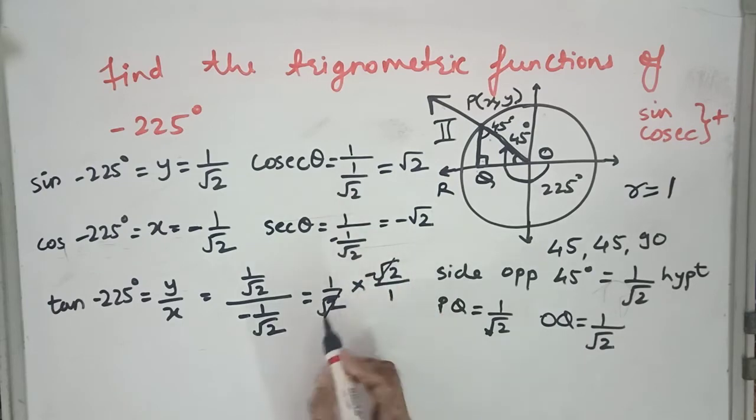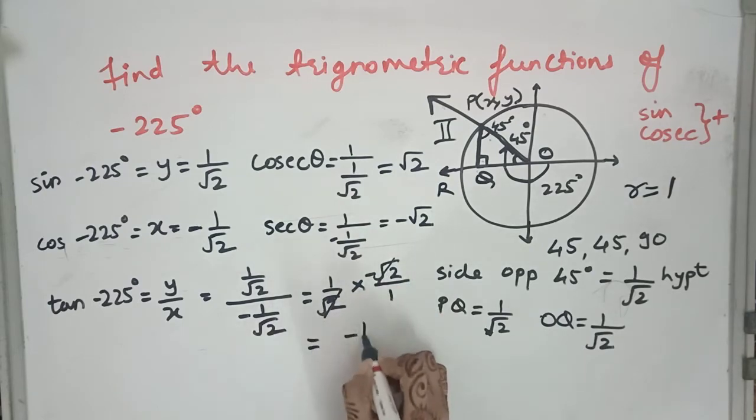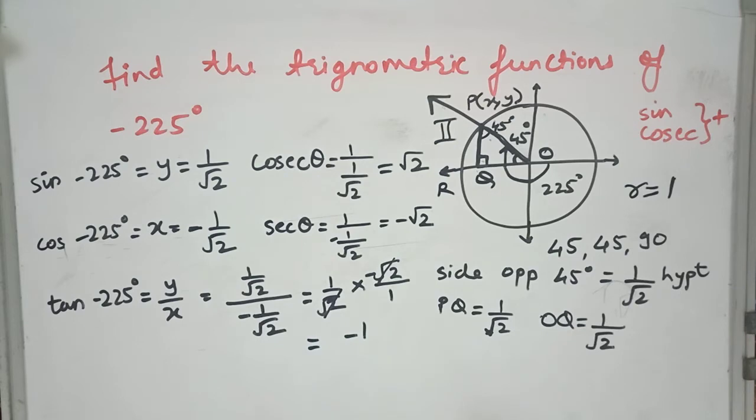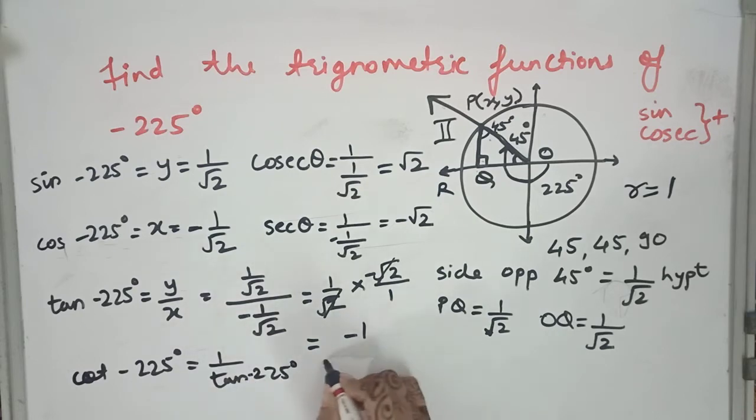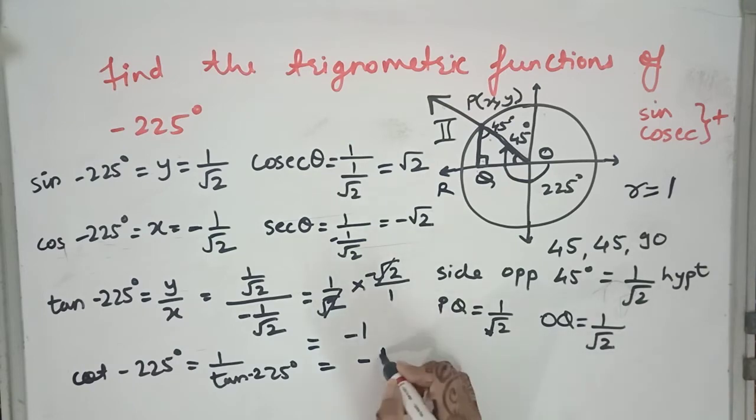The root 2 gets cancelled. This will be equal to minus 1. So cot theta, that is cot of minus 225, will be 1 upon tan 225 degrees, which will be equal to 1 upon minus 1, which is minus 1.